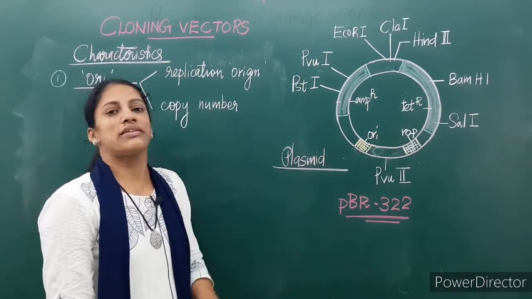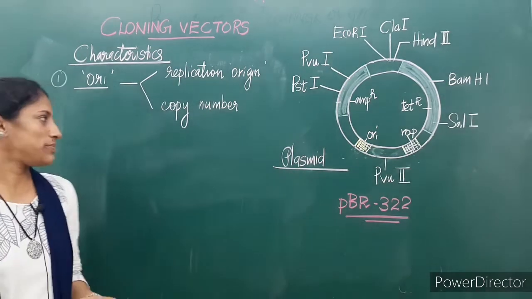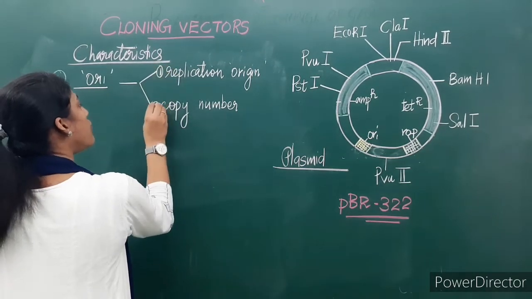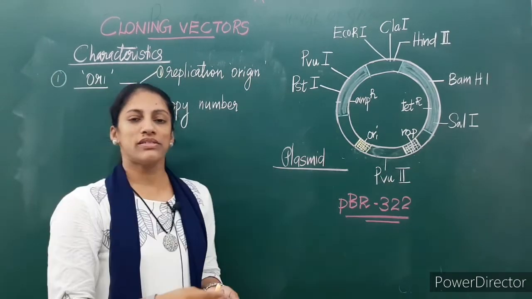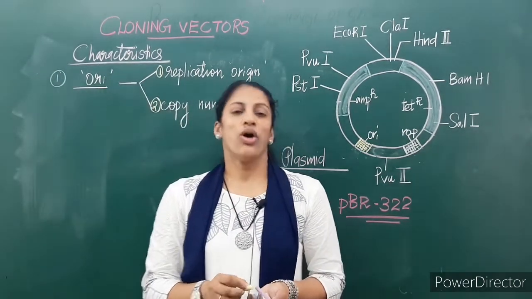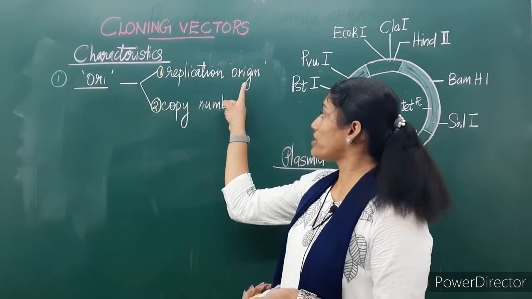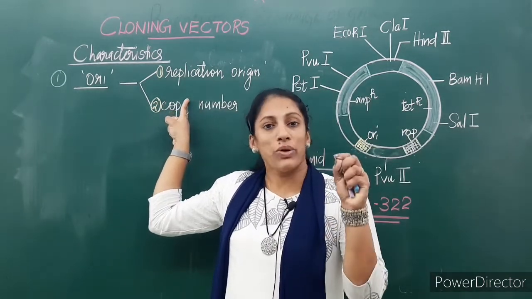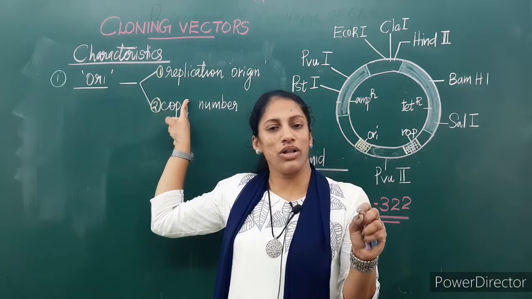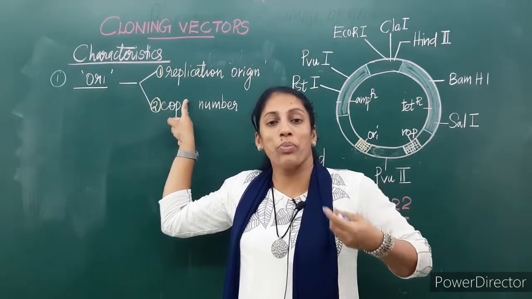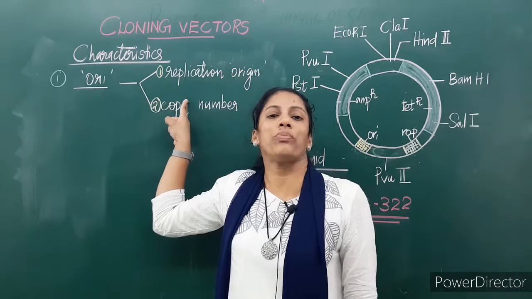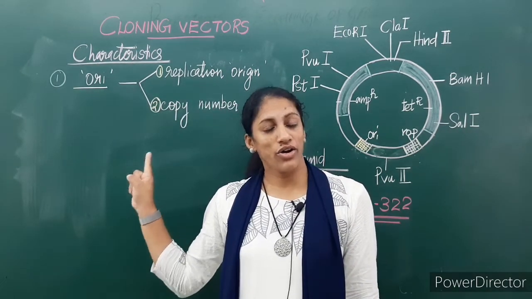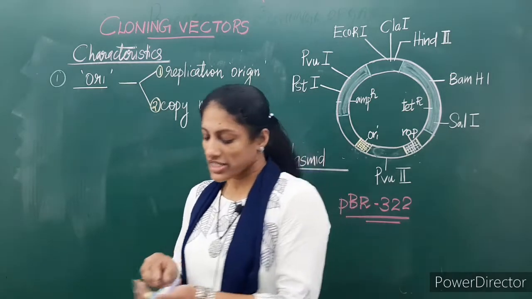Okay, this ori is controlling two characters. So once again, the significance of ori: why is ori a must in a cloning vector? Ori controls the origin of replication, where the replication begins. And also the same site controls how many copies should be made. So that is a must for a cloning vector.